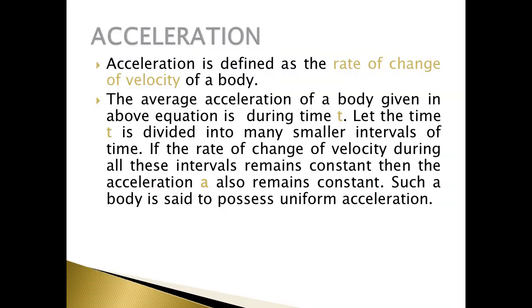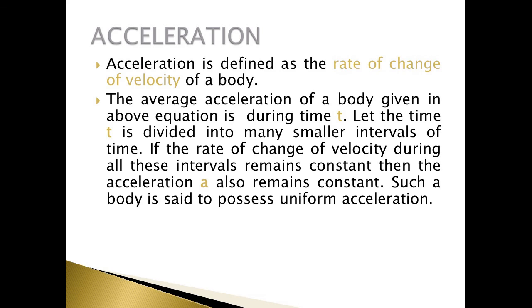Acceleration. Basically, acceleration is defined as the rate of change of velocity of a body. The average acceleration of a body given in the above equation is during time t. Let the time t be divided into many small intervals of time. If the rate of change of velocity during all these intervals remains constant, then the acceleration also remains constant.